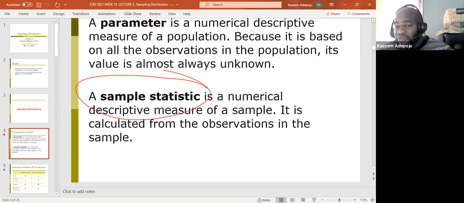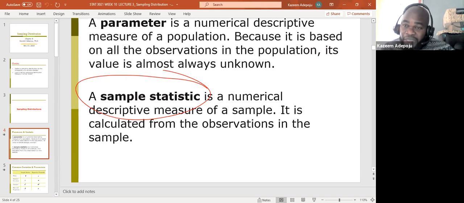So whether Fox News, CNN, and so on, when they carry out their investigation, they collect a sample of voters, and they ask them who they are going to vote for. So in every study, if we really want to understand the parameter, we don't study the entire elements in the population.